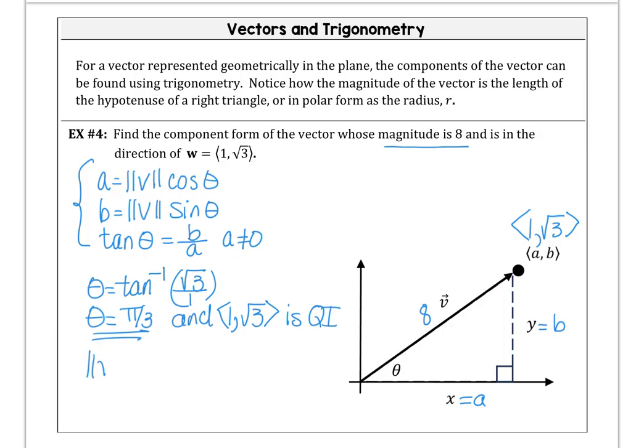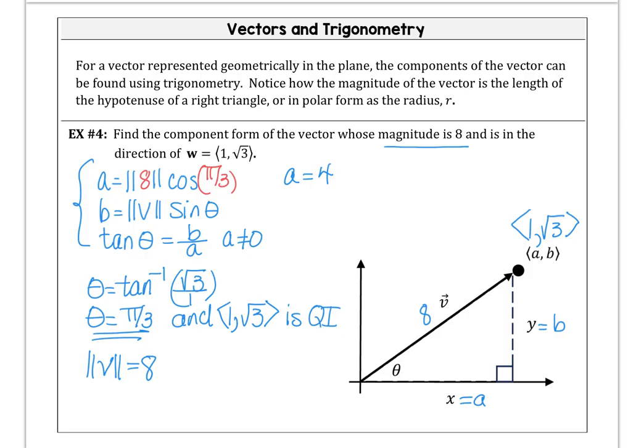Our magnitude is 8. We're going to use the formula where the a value is the magnitude times cosine of the angle. So magnitude 8 and cosine of pi over 3. 8 times a half, our a value is 4, because cosine of pi over 3 is a half.